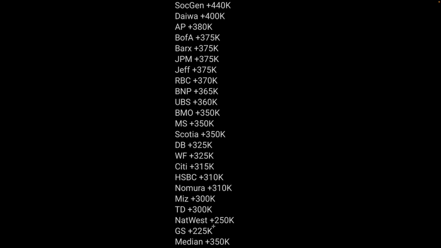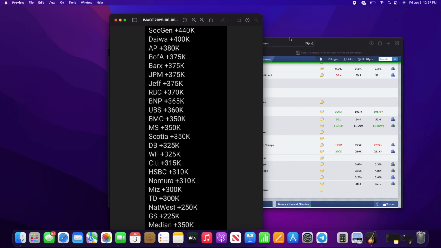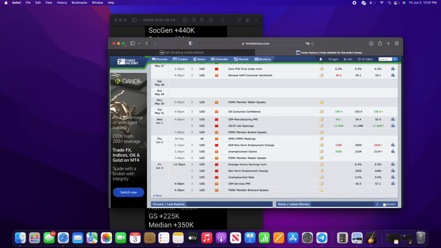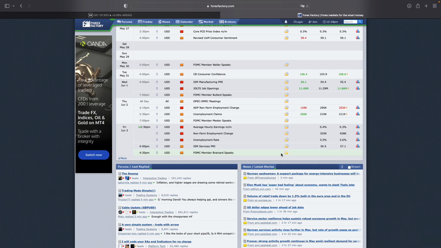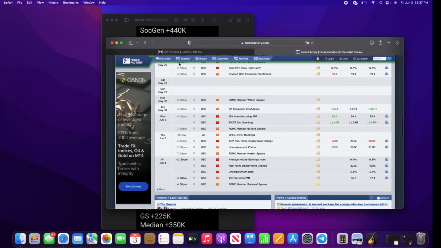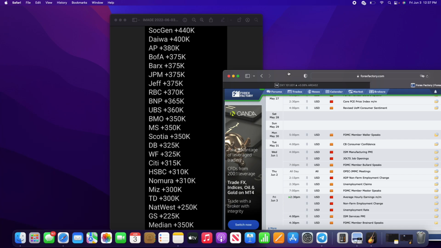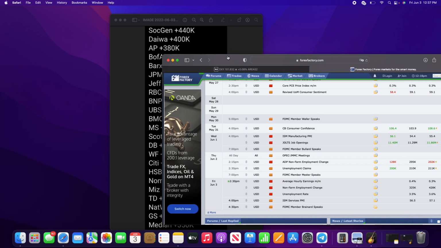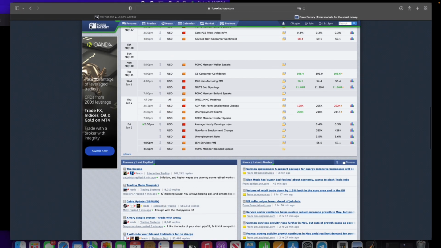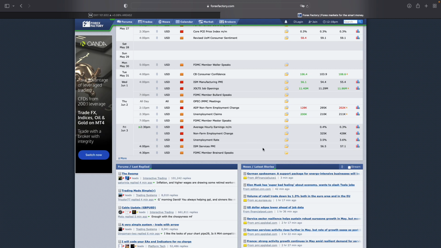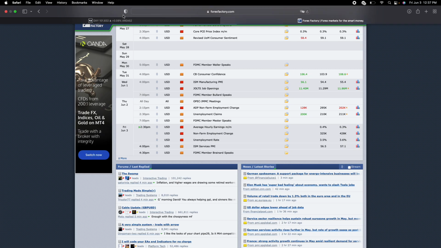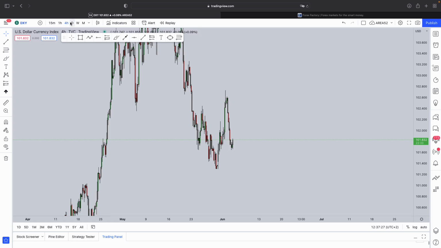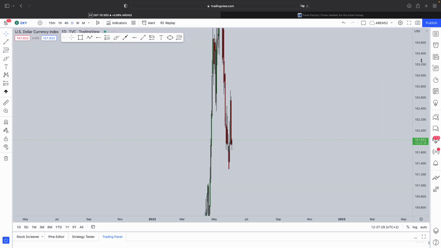We have about 7 banks, or companies, that say they don't expect it to be lower. That's also some sort of indication that we can ride off the back of what these big companies are thinking, which gives us further confirmation that we could potentially see the NFP turn out positive.